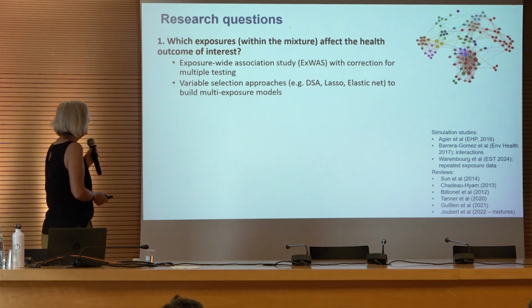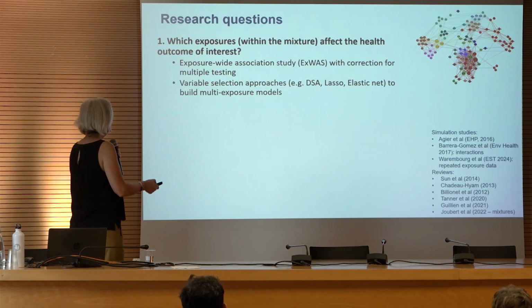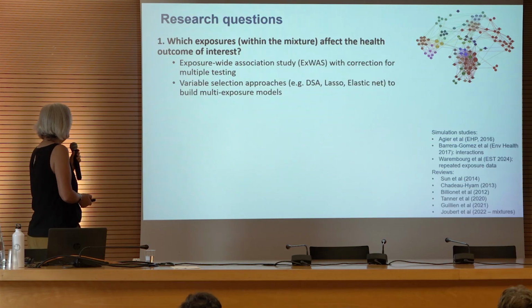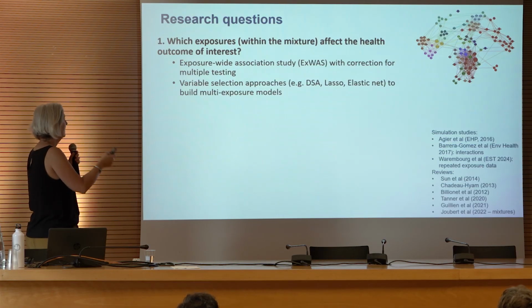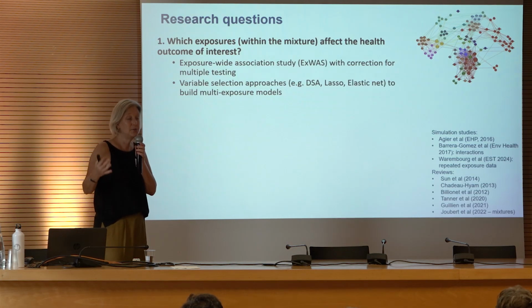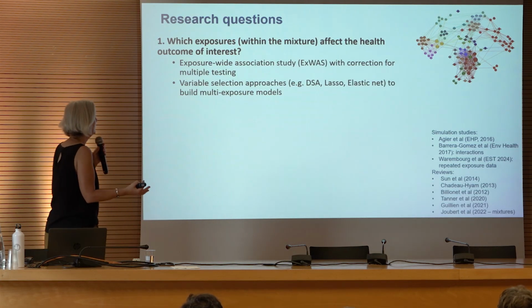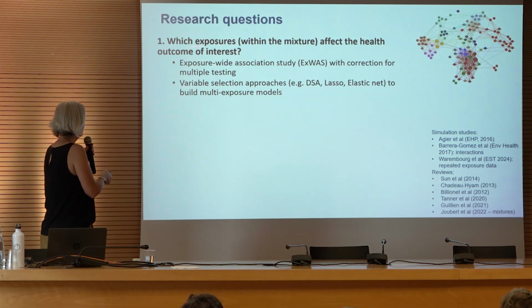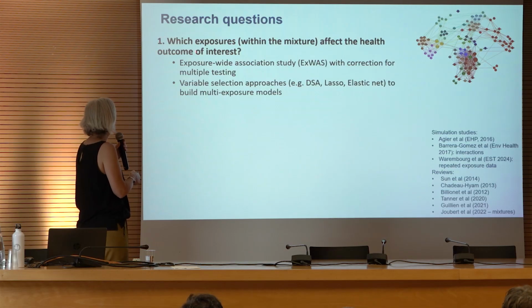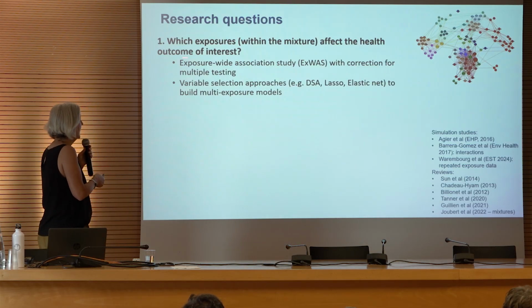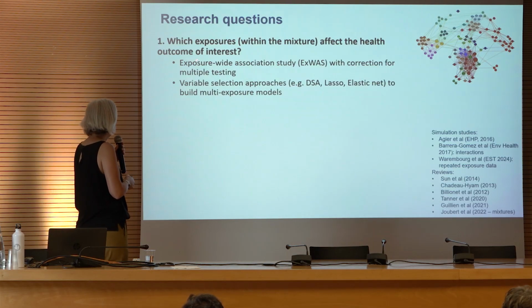So in terms of research questions, and looking at this highly dimensional picture with lots of correlations, one of the questions we can ask is, out of all these exposures that are measured, and this is an example data set, there are plenty of other data sets where you might have a lot of different exposures. One hypothesis-free, discovery-driven question you can ask is which exposures within that whole mixture of multiple exposures affect the health outcome of interest.